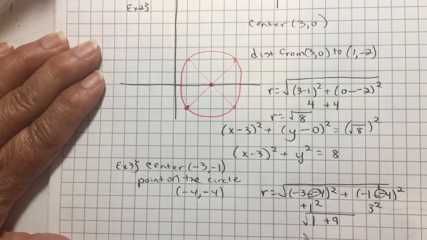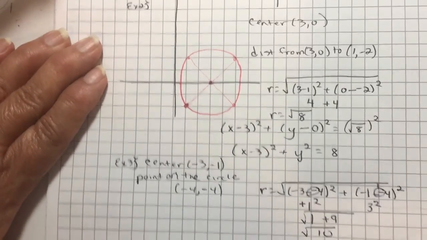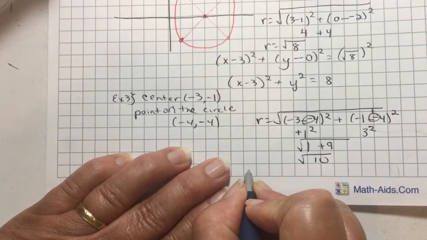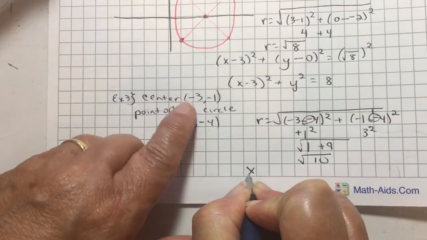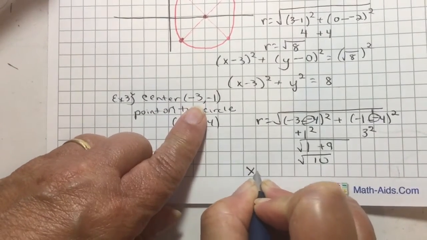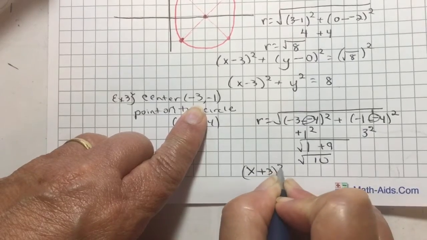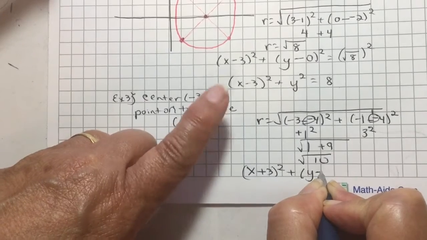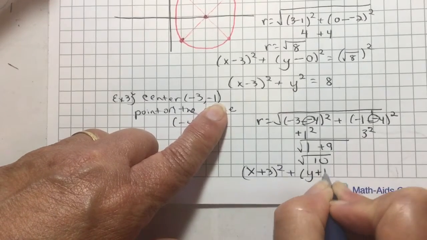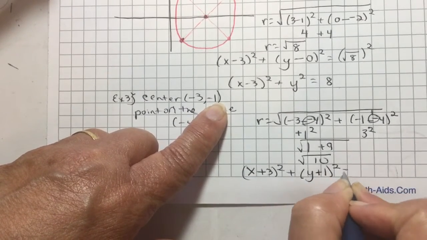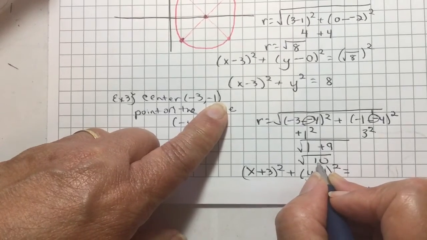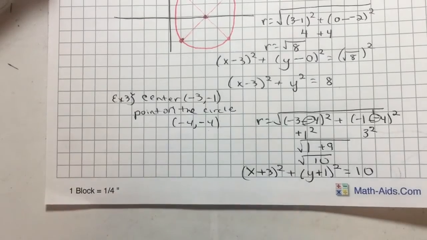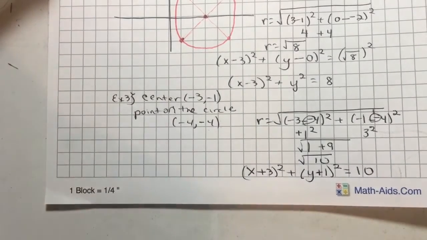So our radius is going to be the square root of 10. Now, finishing up with the equation of the circle, it would be (x − (−3))², in other words, (x + 3)², and then (y − (−1))², in other words, (y + 1)², equals the square root of 10 squared, which is just 10. So that's the type of problems you're going to be doing.